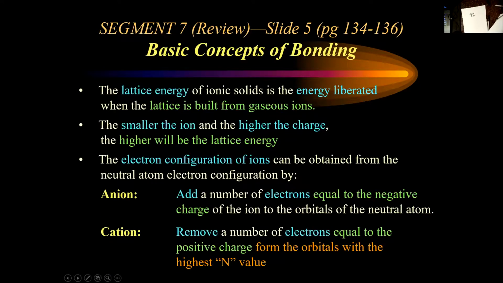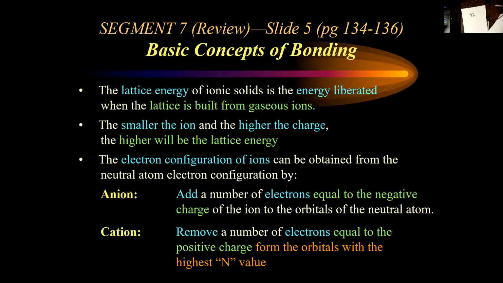Now, when you build electron configurations for ions, here's a very, very important thing. The anion is easy because all you're going to do, if you're taking, let's say, oxygen, it's in group 6. If I'm going to add 2 more electrons to it, it's going to have the same electron configuration that neon would have.